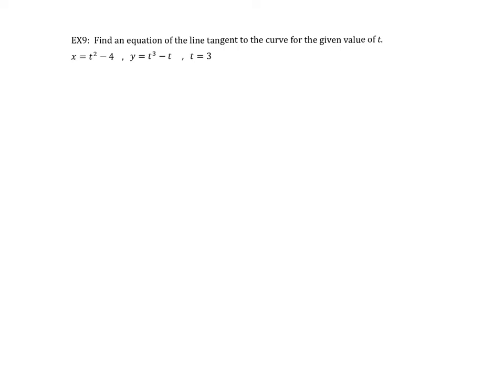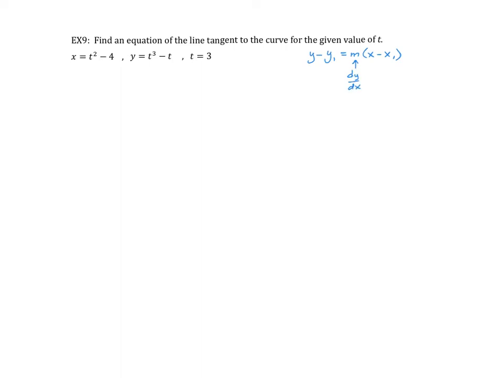You don't need to know which direction the tangent line is generated in. So since we're finding the equation of a tangent line, we're just going to use our normal algebra formula: y minus y sub 1 is equal to m times x minus x sub 1. So I need a point and I need a slope. The slope is the derivative.